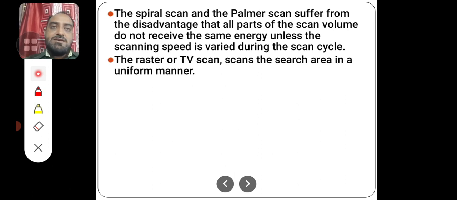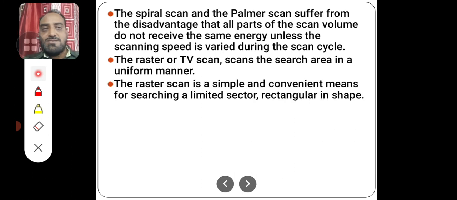The raster or TV scan scans a search area in a uniform manner because the scan itself is uniform. We can also say the raster scan is a simple and convenient means for searching a limited sector, rectangular in shape.